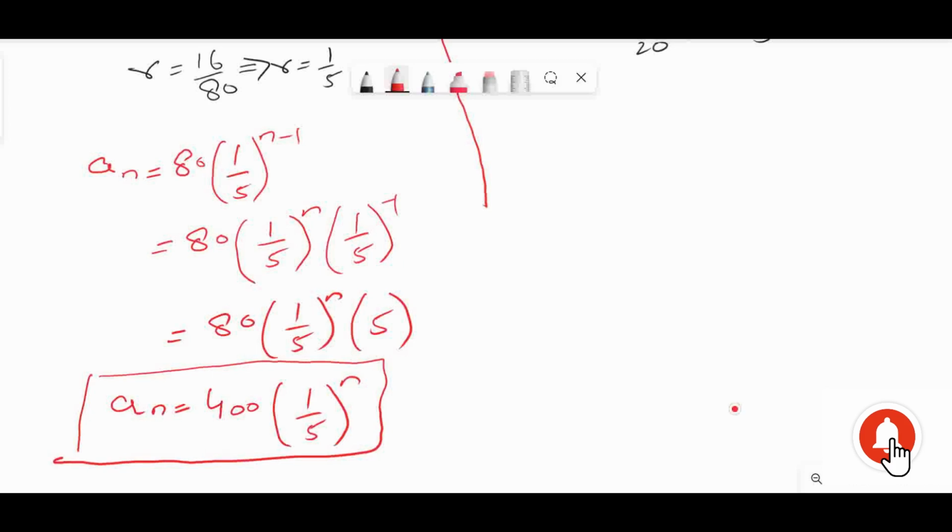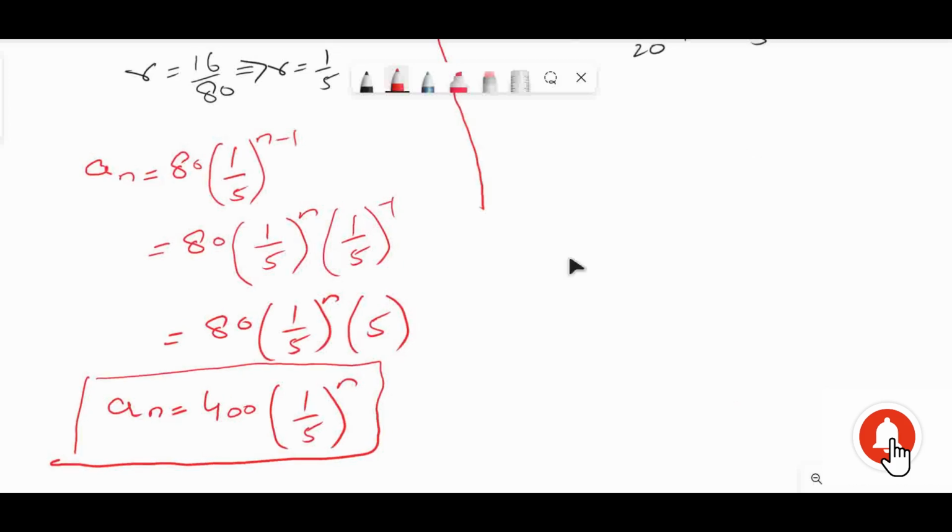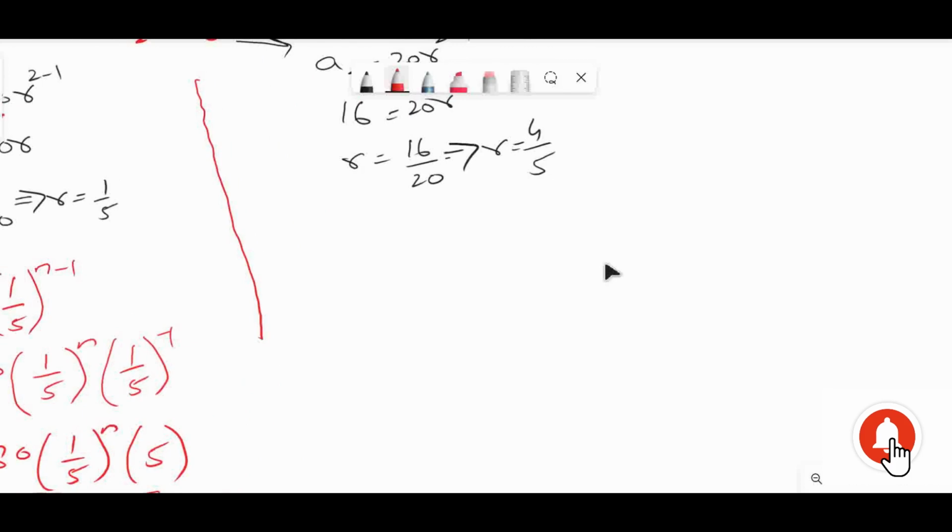What will be the expression for the nth term when a is 20? We know the formula for a_n equals a r to the power n minus 1.